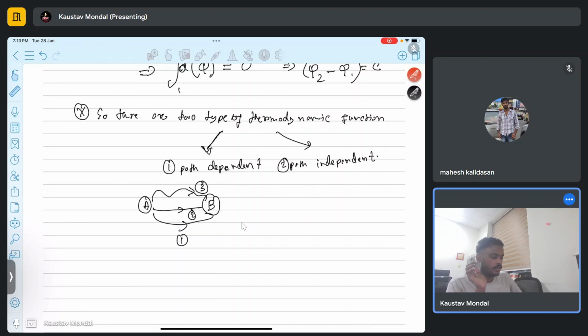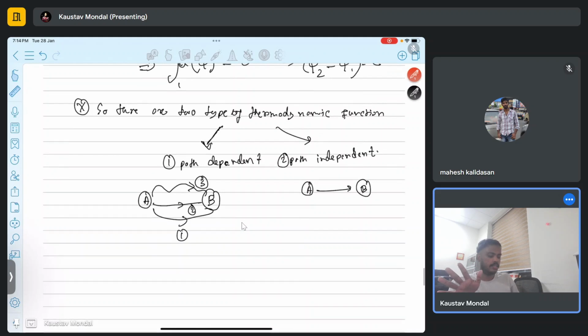But for a path independent function, only the initial and final value matters, whichever path you take, for 1, 2, 3. The path independent function doesn't depend on how the path is changing from state A to state B. Let's suppose phi is a path independent function.